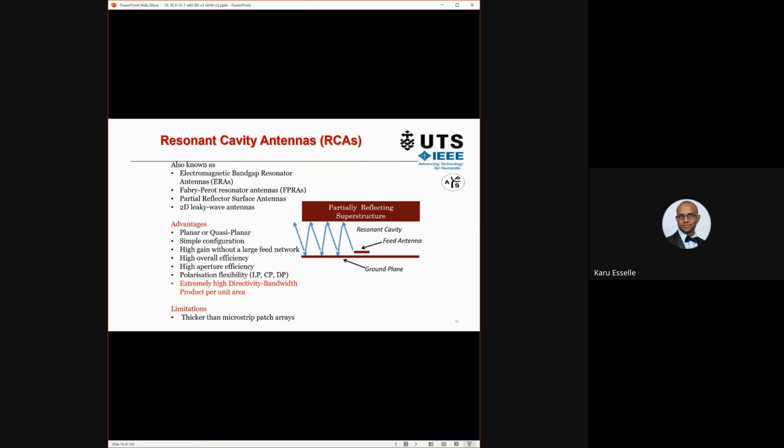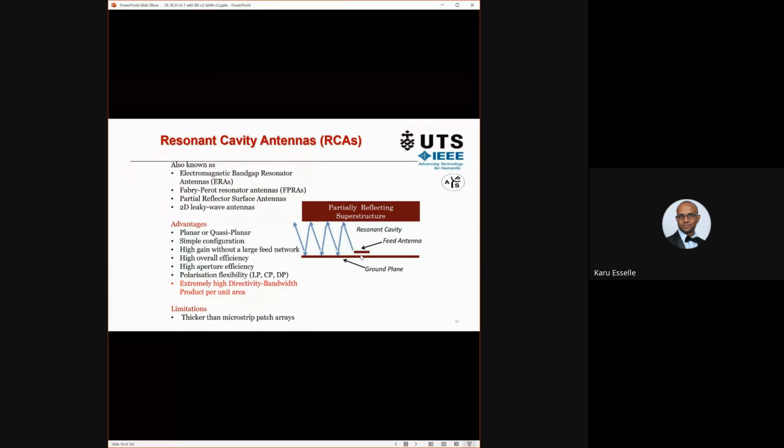Polarization flexibility. You can design resonant cavity antennas to have linear polarization, circular polarization, dual linear polarization, dual circular polarization, and so on, almost any polarization. And in fact, changing between different polarizations is also very easy. For example, if you design a linearly polarized resonant cavity antenna in a particular way, and you want to convert it to a circularly polarized resonant cavity antenna, all you have to do is change the feed.